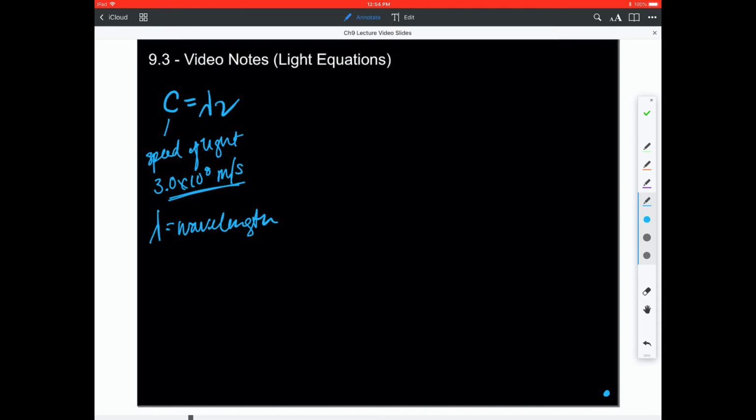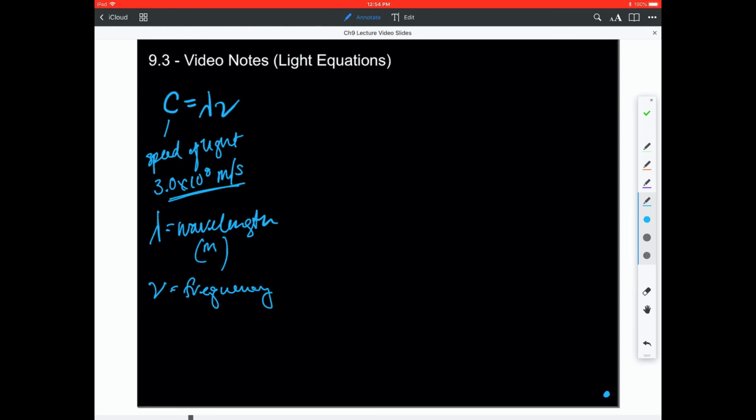Hypothetically a vacuum, as in there are no other atoms present, but we sort of approximate that to be its speed everywhere all the time. So the speed of light is approximately 3.0 times 10 to the 8th meters per second. That being the case, what then must the unit be for wavelength? Meters. And then that leaves us with nu, which is the frequency of light.